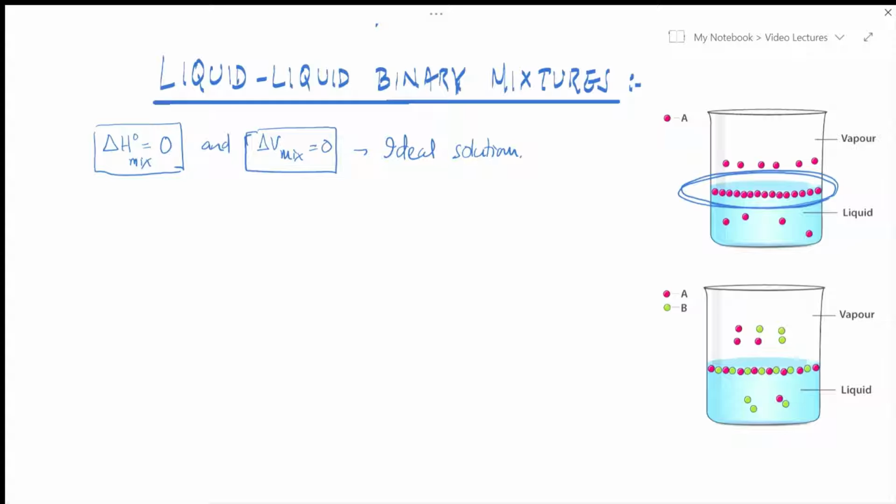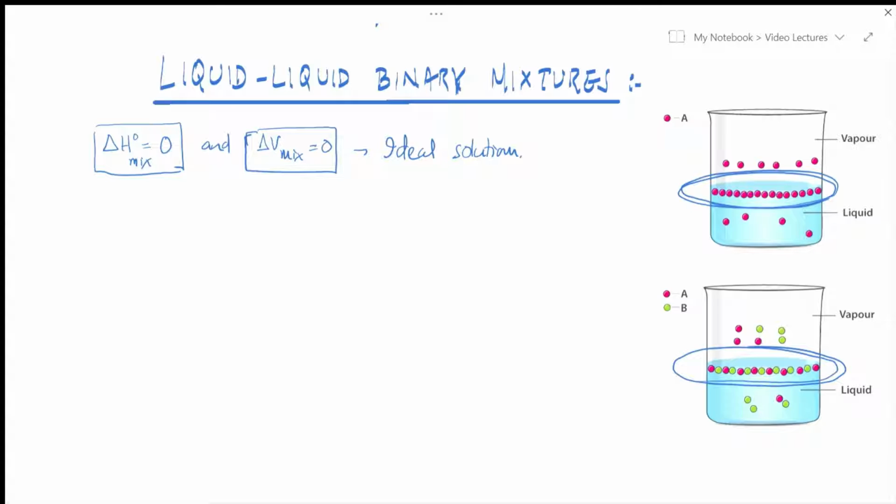But when we mix two liquids together, as in the second case, a part of the surface area is occupied by the liquid A, or the red colored molecules, red dots or spheres actually, and the rest of it is occupied by the molecules of the second liquid. Now the rate of vaporization of each liquid will decrease in this scenario because it now occupies only a fraction of the total surface and not the entire surface on its own.